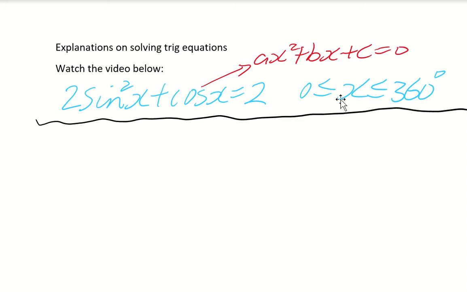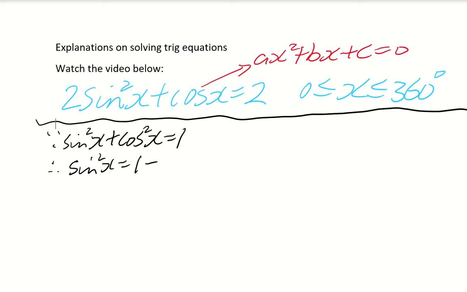Now, in order to do that, I need to realize that this is sine squared x, this is cos x. So I need to do a bit of adjustment using a trig identity. I'm going to say, because sine squared x plus cos squared x equals 1, therefore sine squared x equals 1 minus cos squared x.